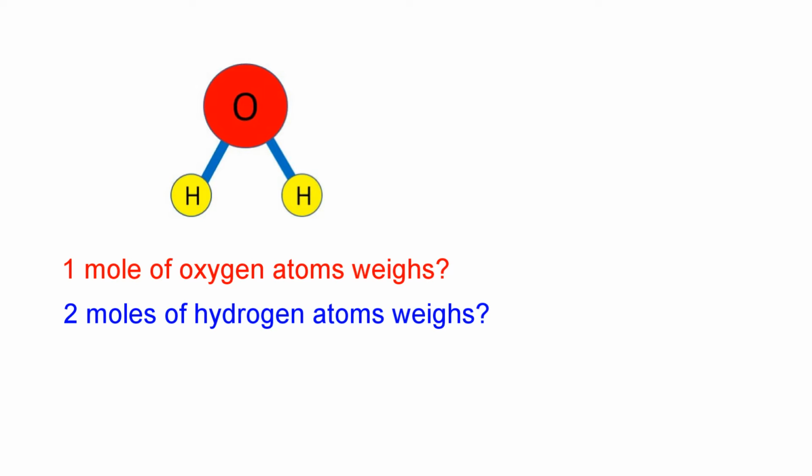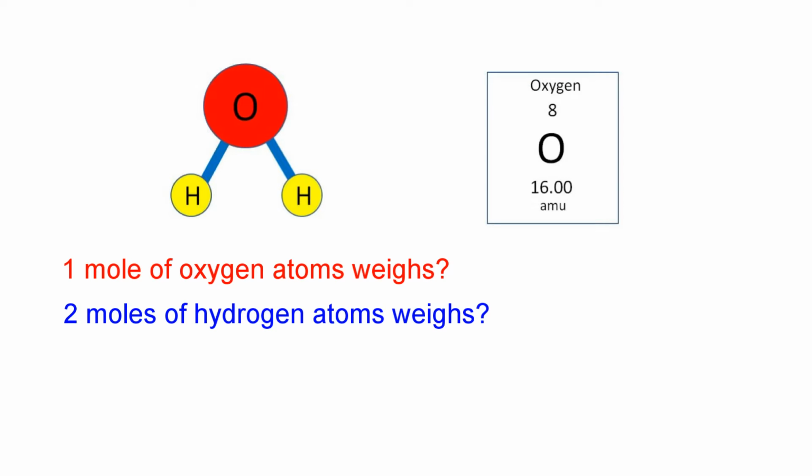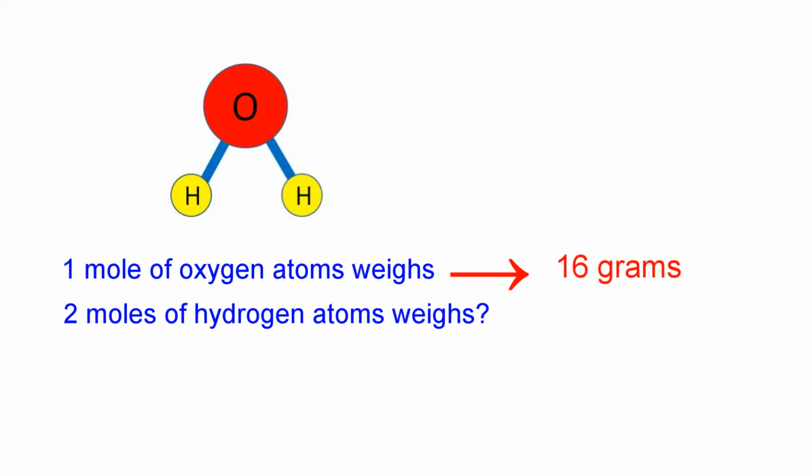Well, if you've already watched video number 2 of this series, you know that that's really not too hard to do. We simply find the element oxygen on the periodic table and then write down the AMU number. Then we change the AMU to grams and we have the weight of 1 mole of oxygen atoms.